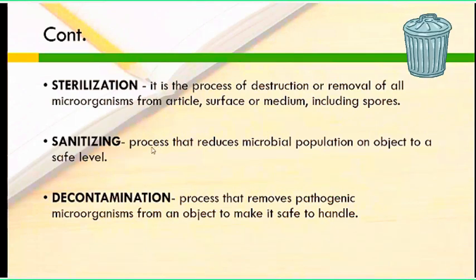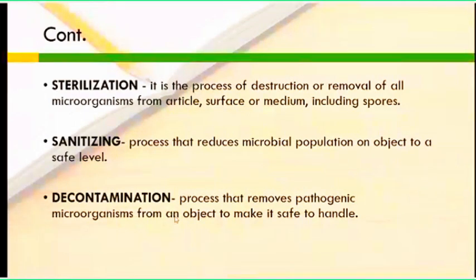Then we have sanitizing, which is the process that reduces microbial population on objects to a safe level. Then we have decontamination, which is a process that removes pathogenic microorganisms from an object to make it safe to handle. So decontamination is like an umbrella term. It encompasses sterilization and disinfection.